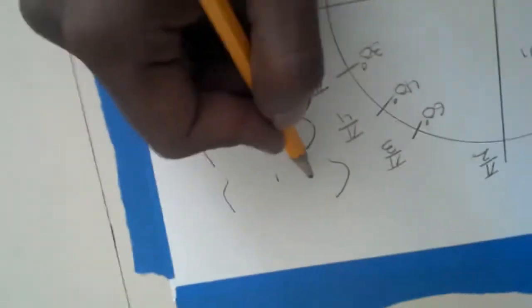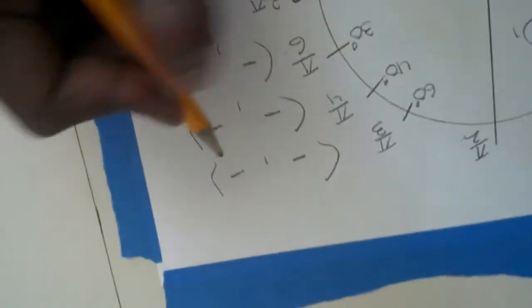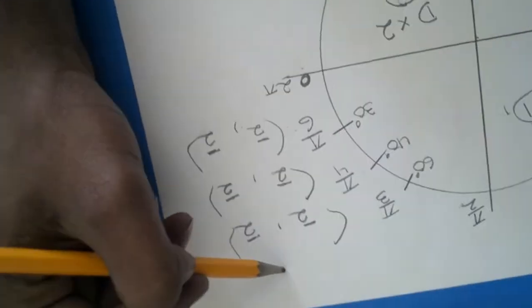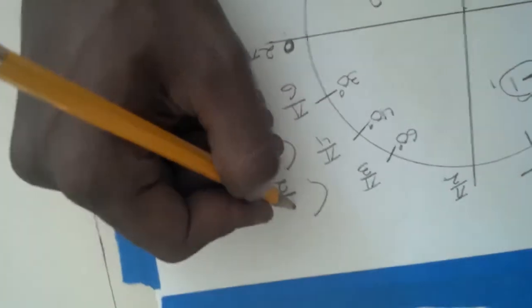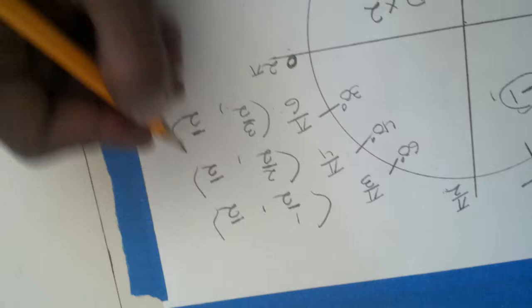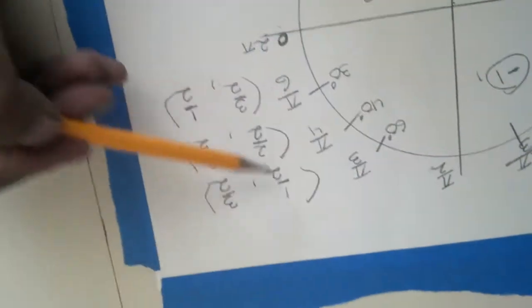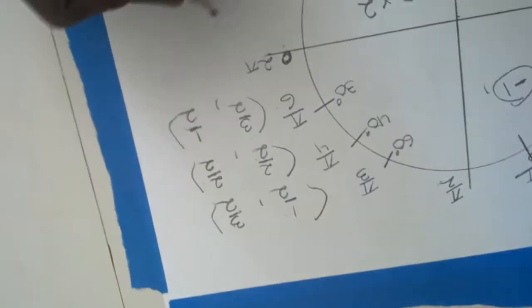Alright, so first off, make every single denominator 2. Now, since we're starting up on top of the x-axis, we're going to start with 1, 2, 3, 1, 2, 3, just going in a little circle.